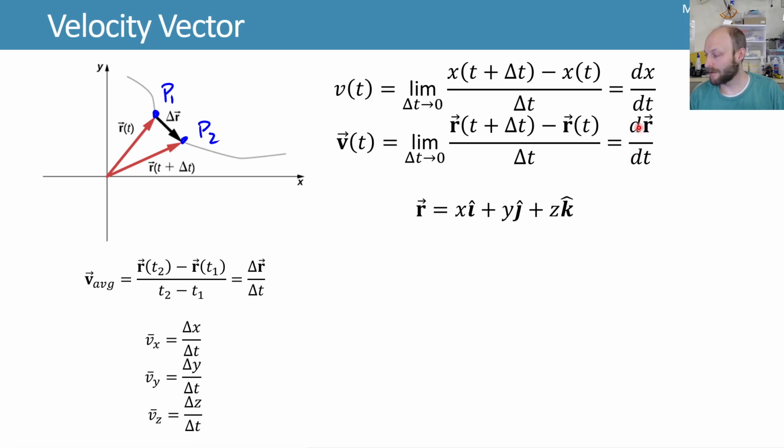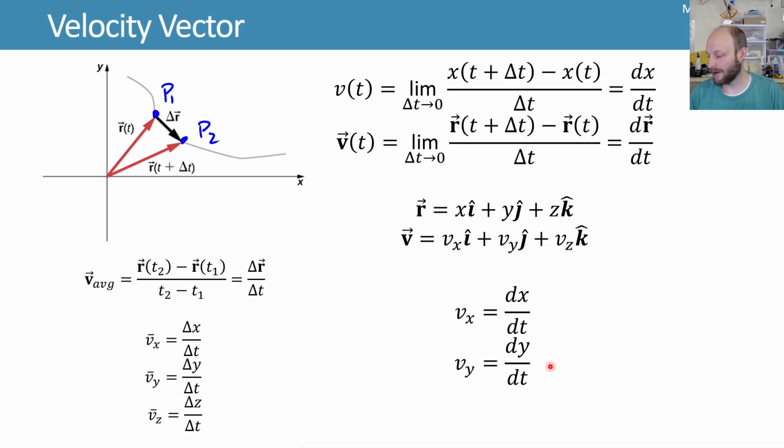So when we take our time derivative, our time derivative of our x position gives us our velocity in the x, and our time derivative of our y position gives us our velocity in the y. So we can represent our velocity vector as our velocity in the x in the i hat plus our velocity in the y in the j hat plus our velocity in the z in the k hat, where vx is dx/dt, vy is dy/dt, and vz is dz/dt.